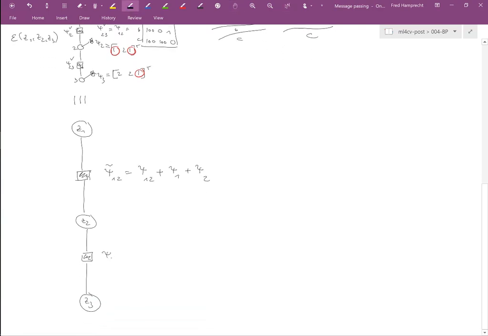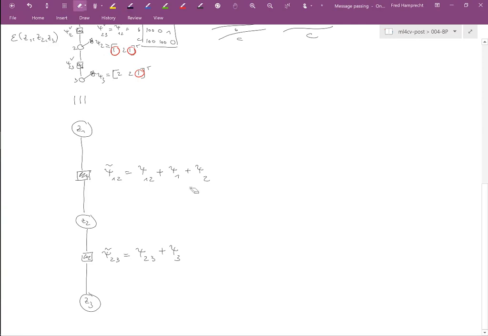And similarly here, I'm calling this psi23 tilde, and this is the old pairwise potential plus the unary potential associated with the third node. And you see I have a bit of an asymmetry here, because here I have 3 terms and there I have 2, but never mind.